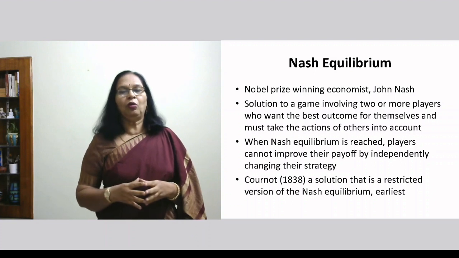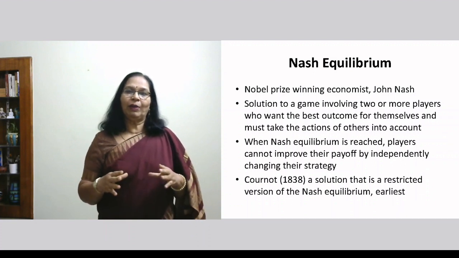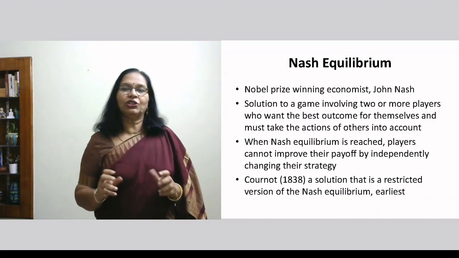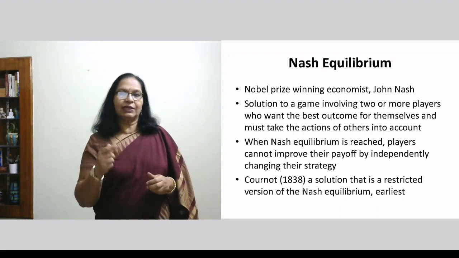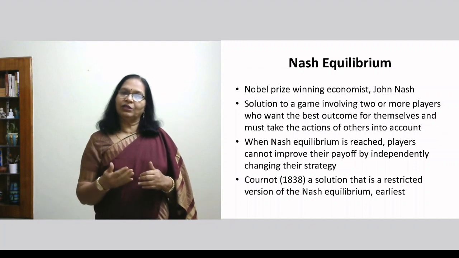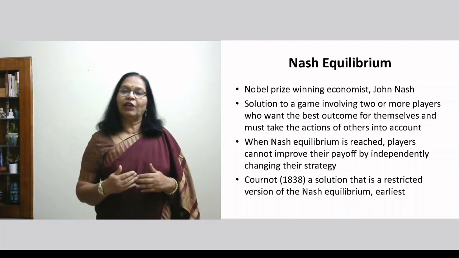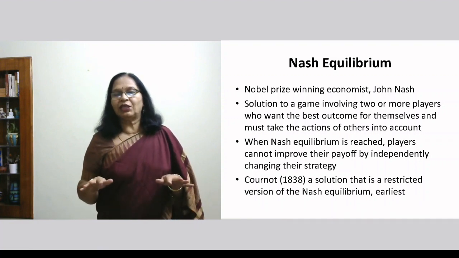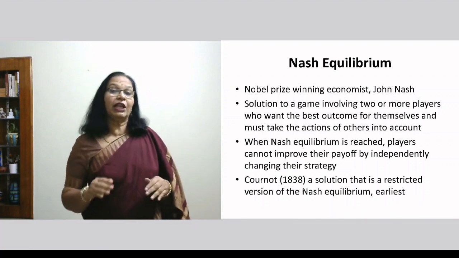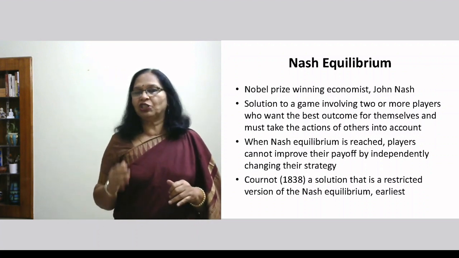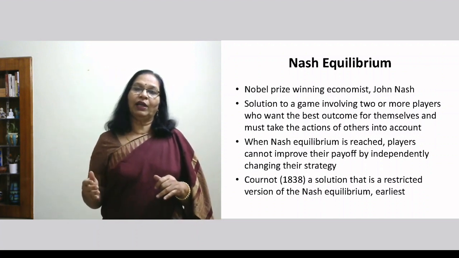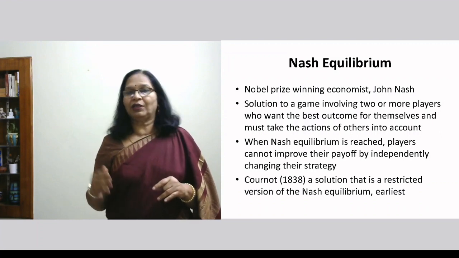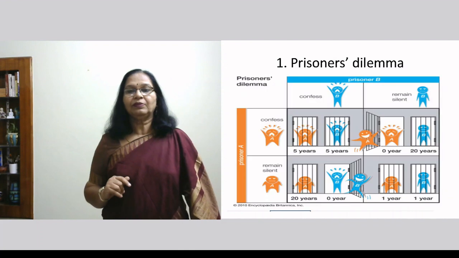We saw in the Cournot model also that once the firms reached half and half of the market, they remained at that and could not change it independently. That is the same idea that Nash entered into, to say that firms can reach this equilibrium, and once they reach it, they will not make changes independently. So the decision making has to involve the other party.